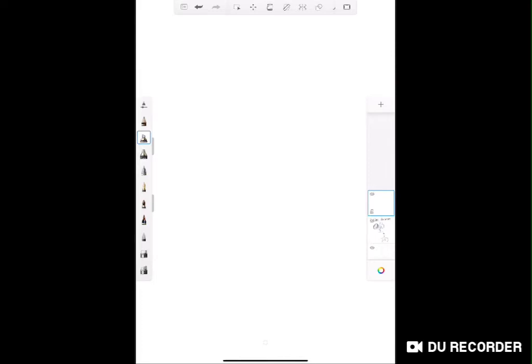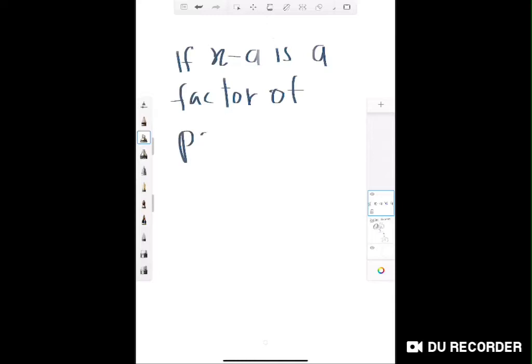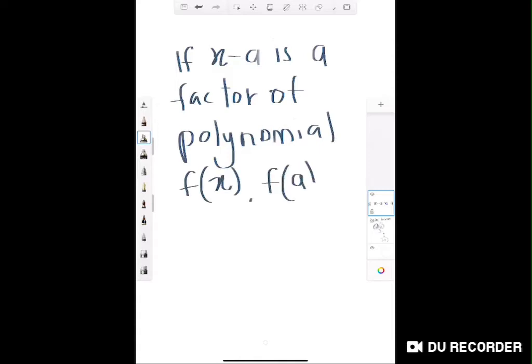Factor theorem says that if x minus a is a factor of polynomial f(x), then f(a) equals 0.